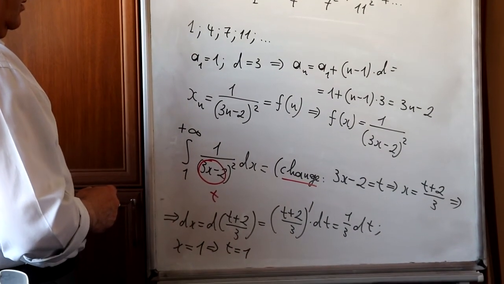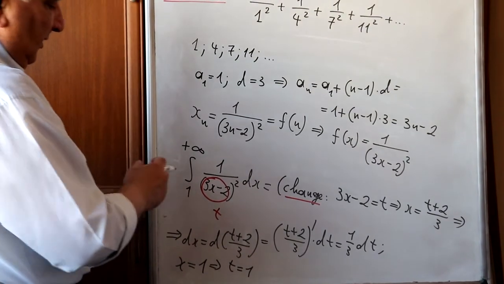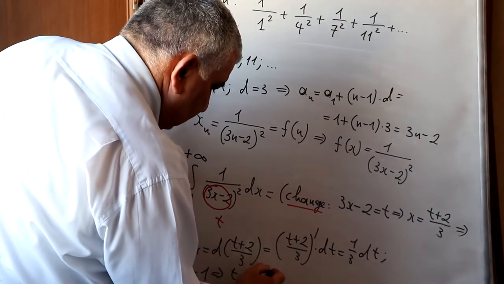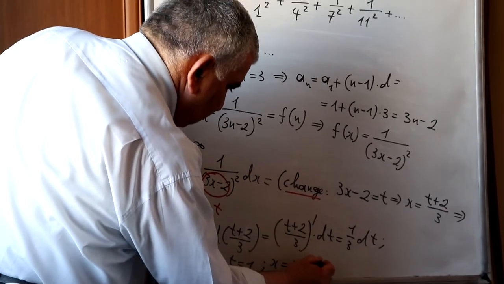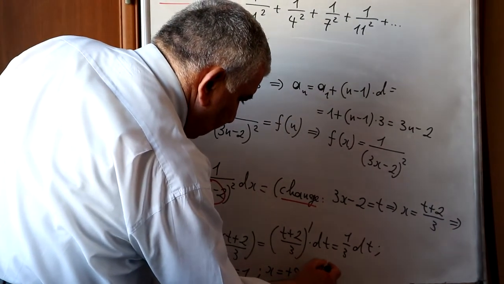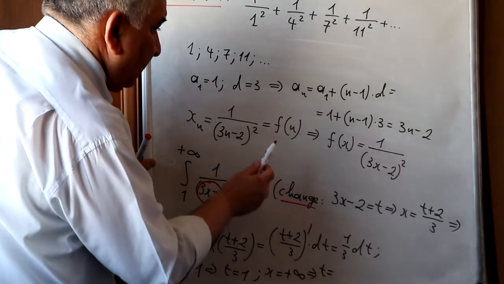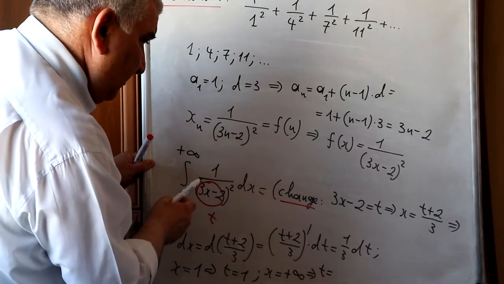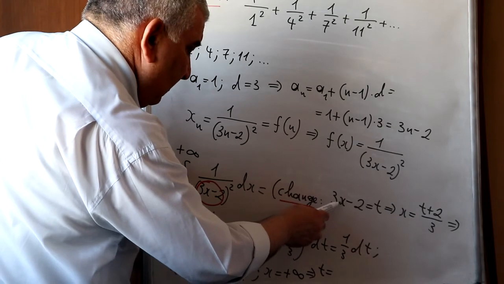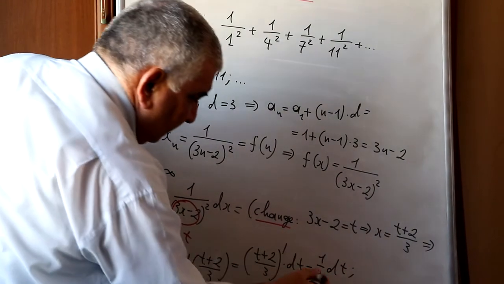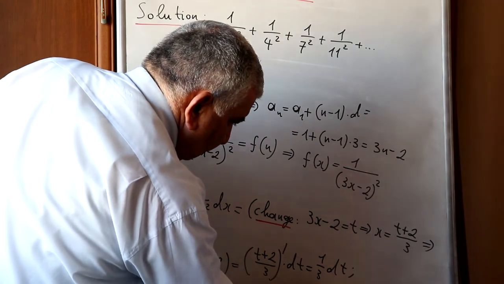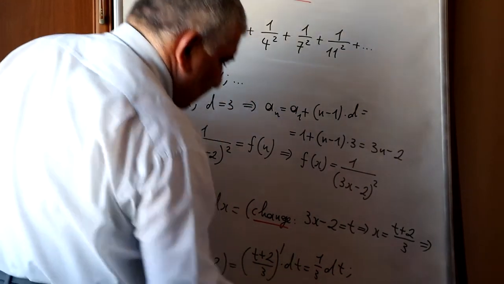And if x is plus infinity, t is also plus infinity because 3 by plus infinity is plus infinity, plus infinity minus 2 is plus infinity. Continue.